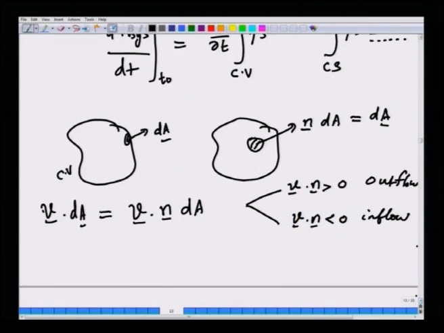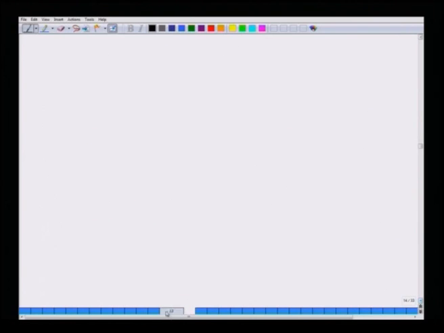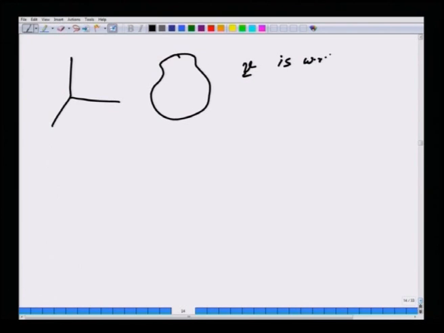If you integrate over the entire surface and find the integral to be positive, there is a net flow out, and if you find it negative, it is a net flow in. Also notice that the velocity is measured with respect to the CV, that is, you put a coordinate system, and the velocity is with respect to this coordinate system.